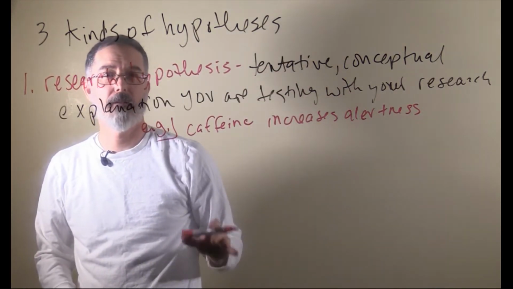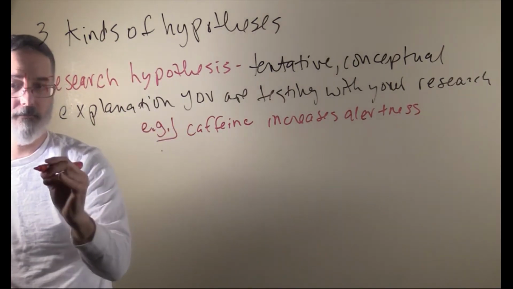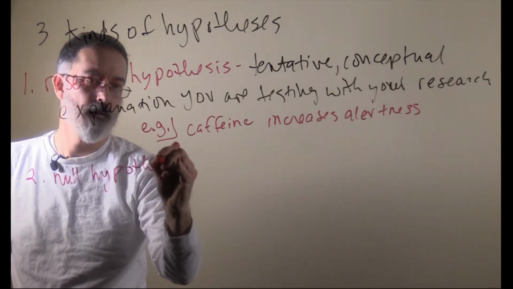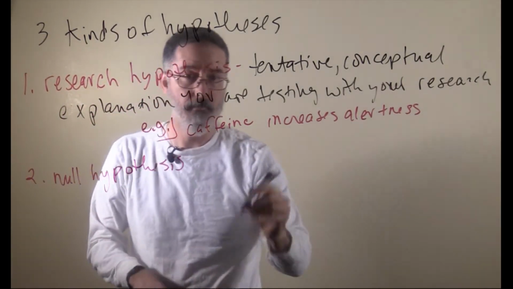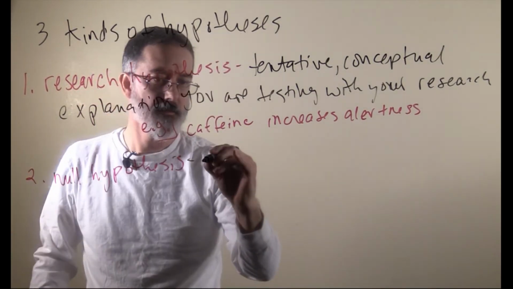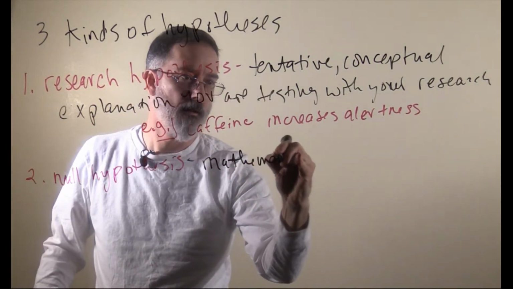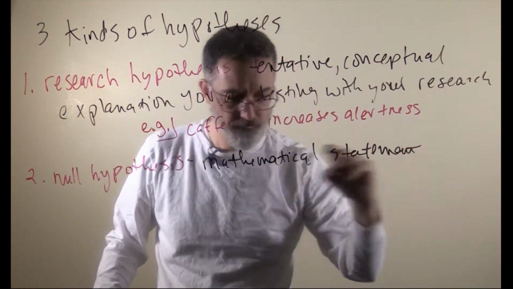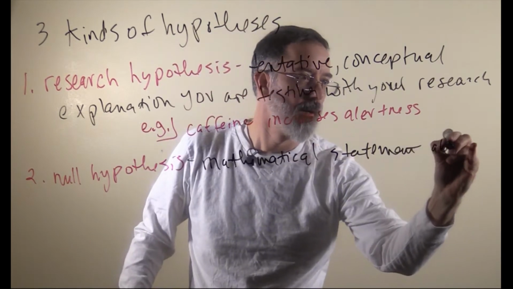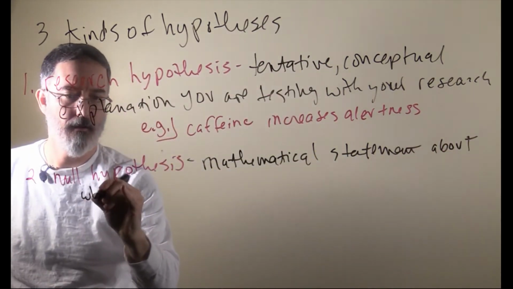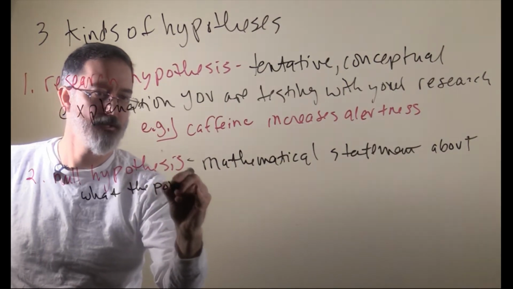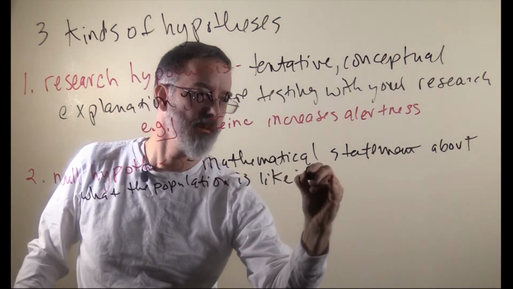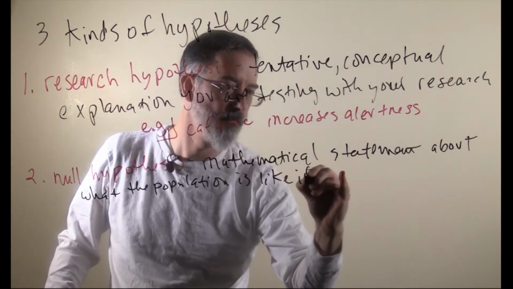The second kind of hypothesis that we're going to be regularly using is called a null hypothesis. And this is a mathematical statement about what the population is like if your research hypothesis is wrong.